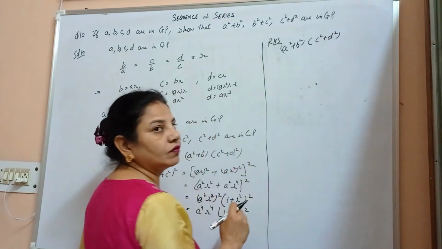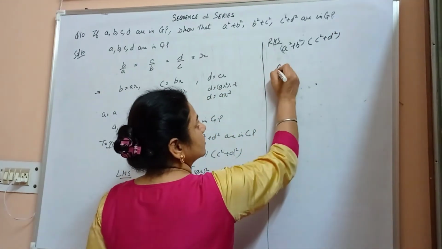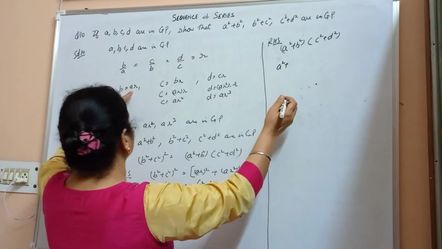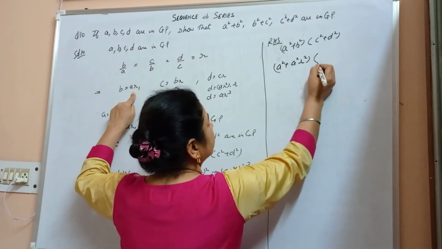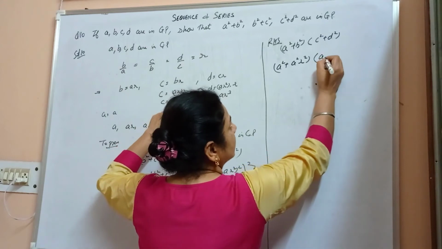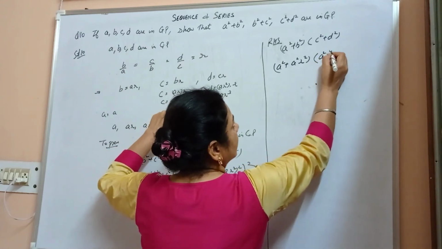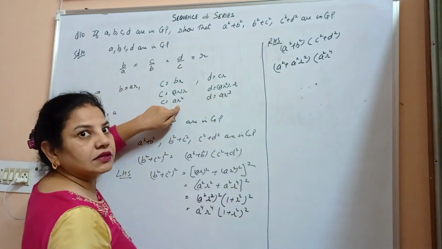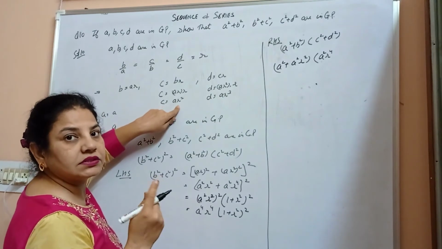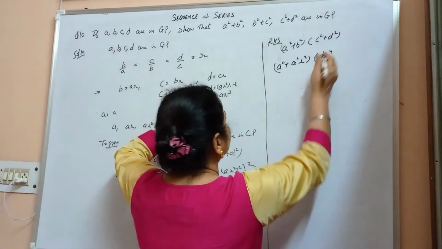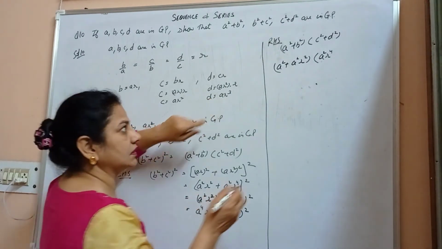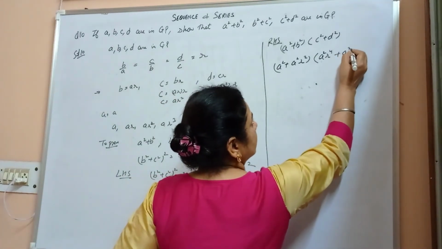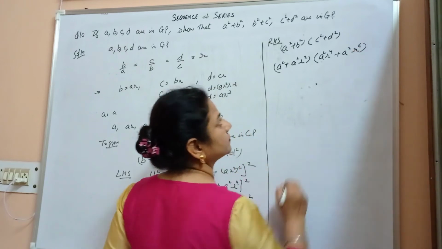Now substitute the value of A, B, C, D. A square is A square plus B is AR, so I put AR square, A square R square, and then C is AR square, so C square is A square R4. And D square is, if D is AR cube, then D square will be A square R6.